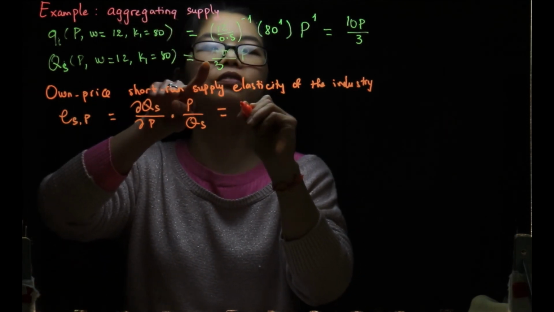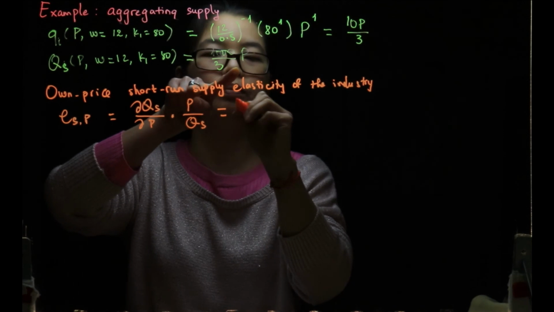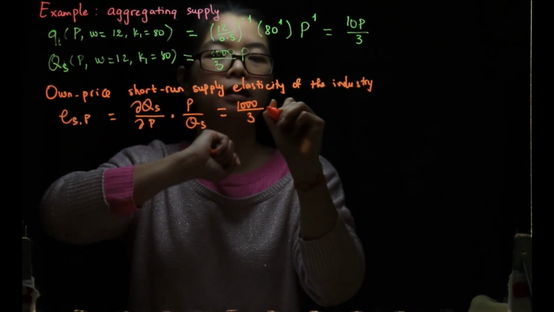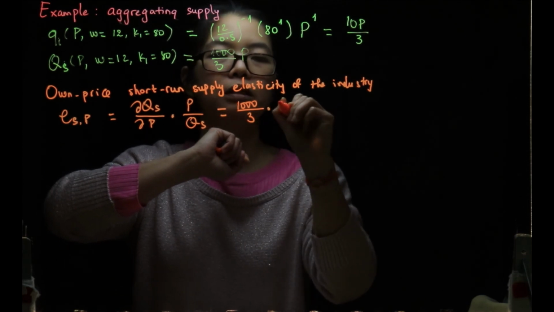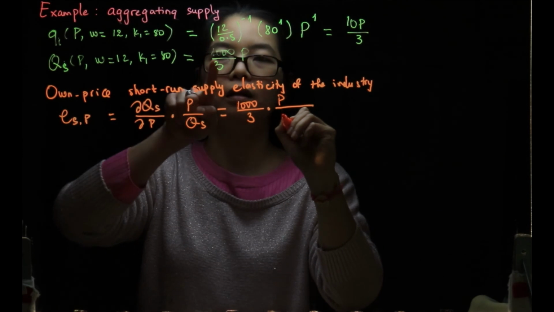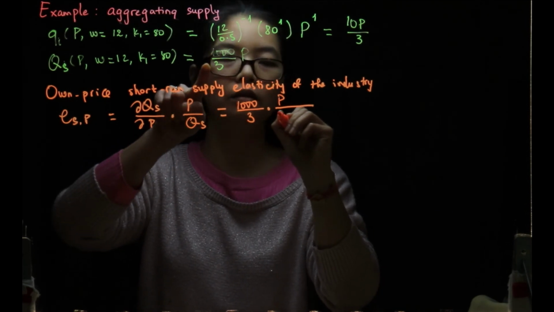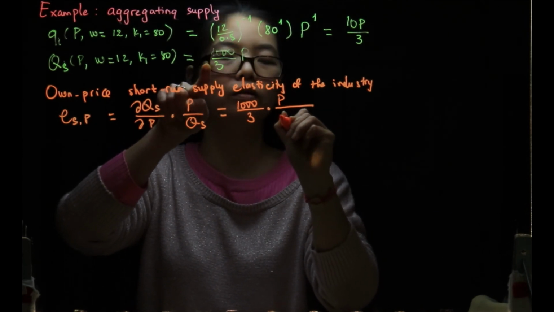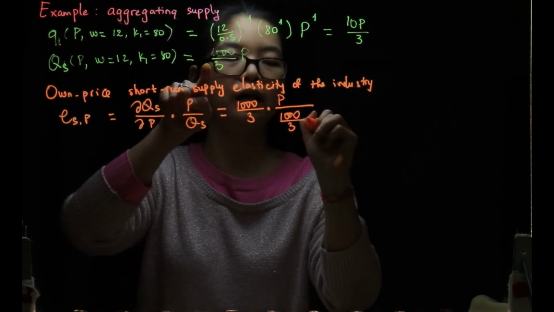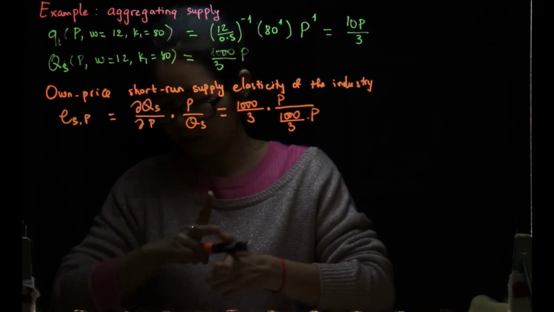So the derivative of it with respect to P will be 1,000 over 3 times P over QS. Let's write QS like this so that we could simplify something over there. 1000 over 3 times P.